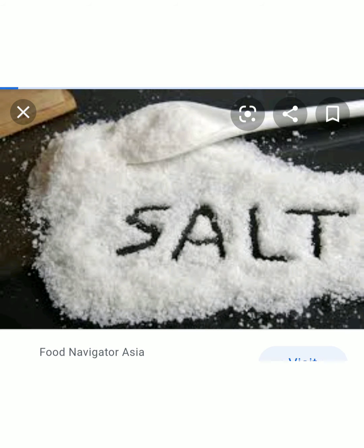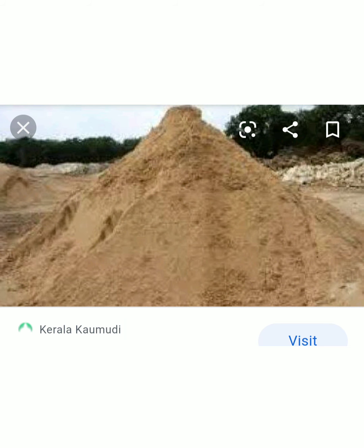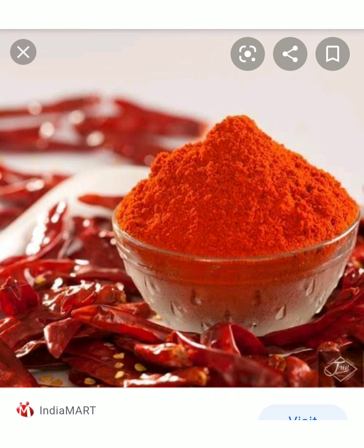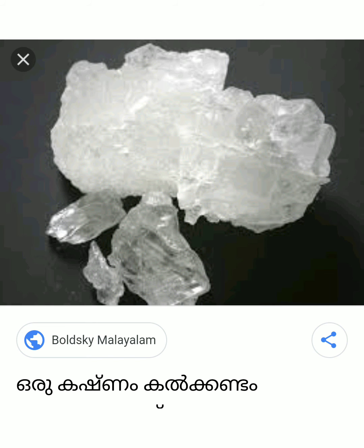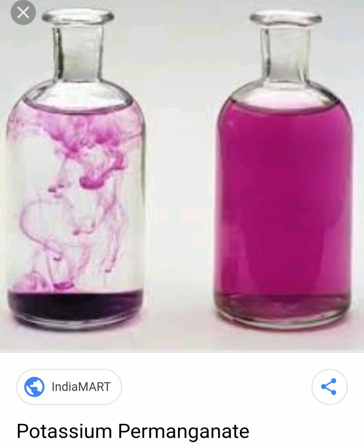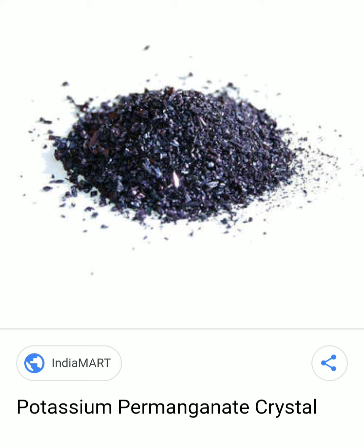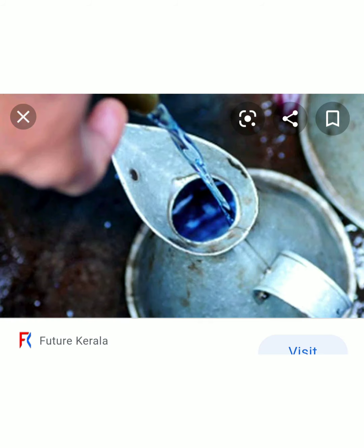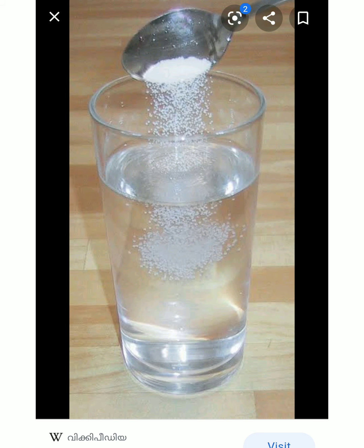Then we need some salt, silica, that is manal, then sugar, coriander powder, chili powder, sugar candy, potassium permanganate, jaggery, copper sulfate, kerosene, coconut oil, etc. The procedure is like this: you should add each substance one by one to the water and note down whether it is soluble or not.